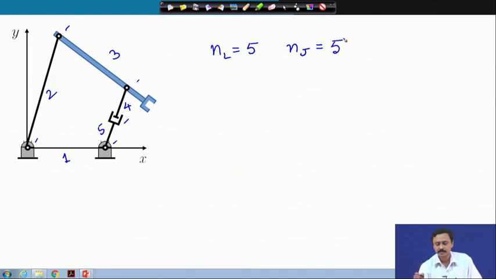So, number of joints is also 5. Degree of freedom, summation of degree of freedom of individual joints, they are all 1 degree of freedom kinematic pairs. So, 5.